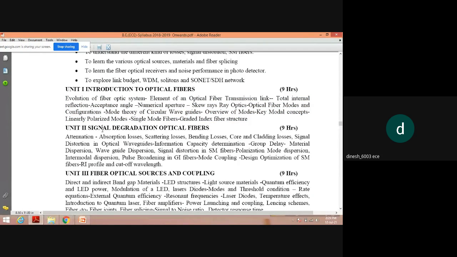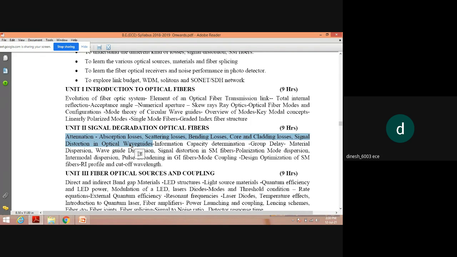In unit number 2, we'll be addressing the different losses that occur during the usage of optical fiber cables. The losses are, for example, attenuation, absorption, scattering, bending, core-cladding, how they occur, why they occur, what are the reasons, how to rectify them.